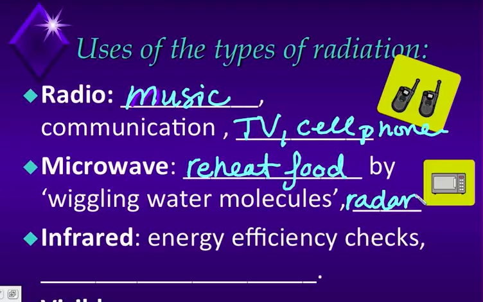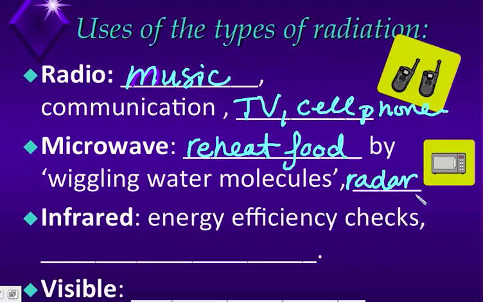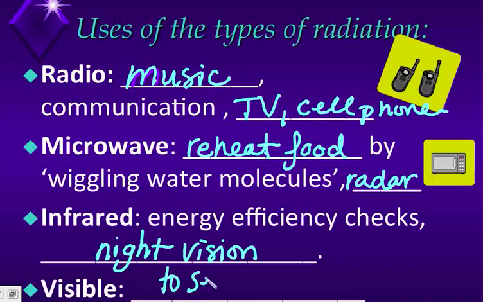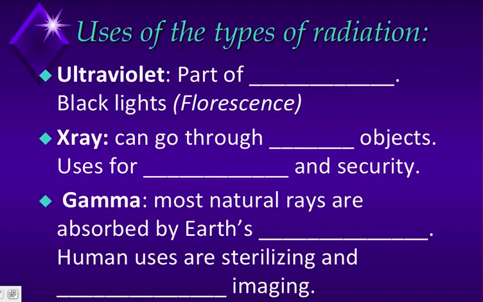Infrared, we hear that mostly when we're talking about night vision goggles. Sometimes when we watch those criminal shows, they'll pull out night vision where they can see in the dark just by looking at the heat coming from different objects, specifically people or cars. Of course, visible, like we said, we use that to see things, yay. Most of these, once you think about it, you've heard of them, you've experienced them in life.